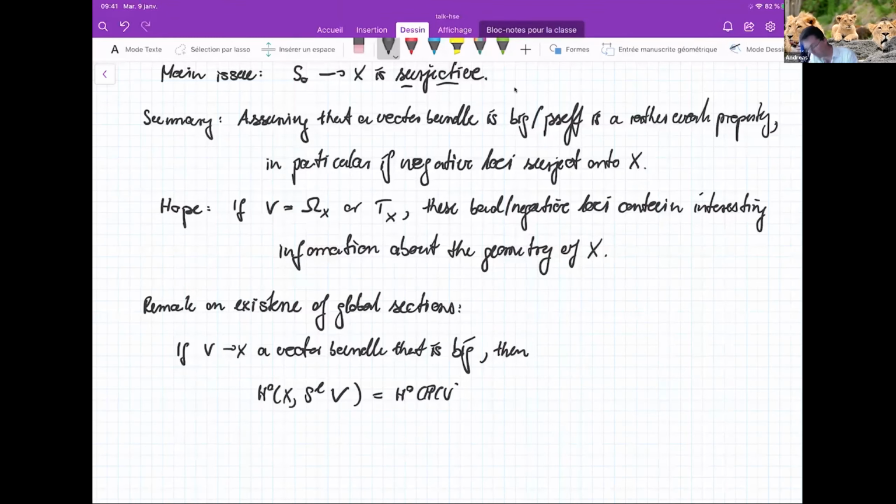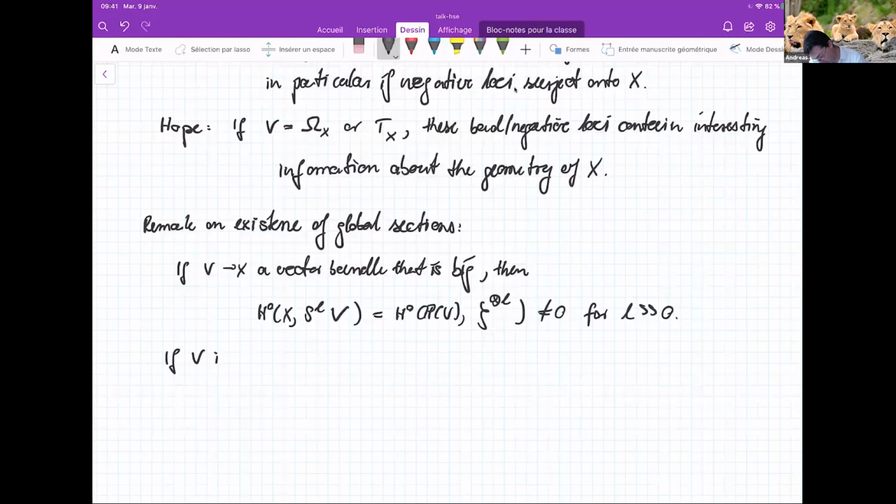So if you're big, then certainly for some symmetric powers you'll have a lot of sections. If you only assume that you're pseudo-effective, then this is false in general. I mean, this is already false for rank R equal to 1.